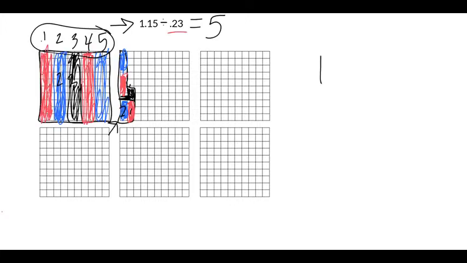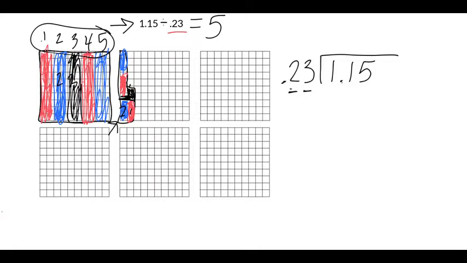Now I'm going to represent the same problem with the standard algorithm. I'm going to write it out. 1 and 15 hundredths is my dividend, and 23 hundredths is my divisor. In the standard algorithm, the shortcut, the way to make it easier, is we multiply by a multiple of 10 based on the number of decimal places.